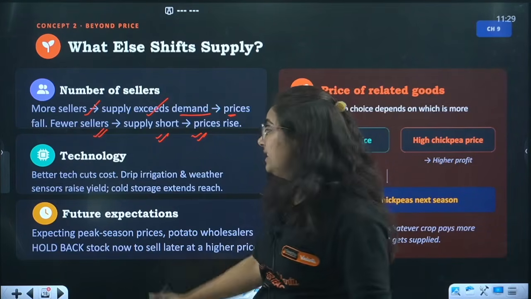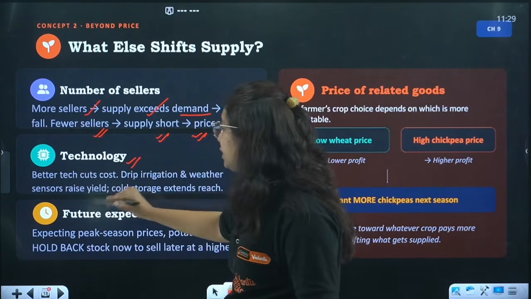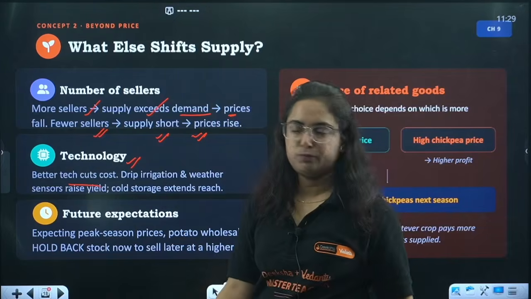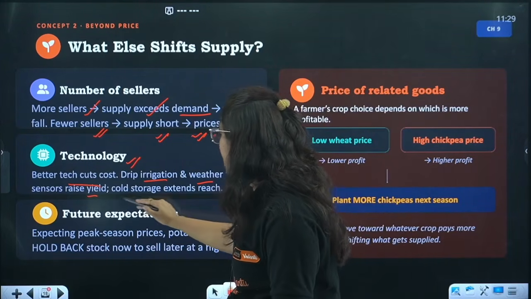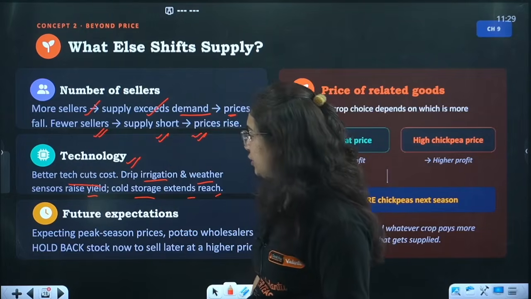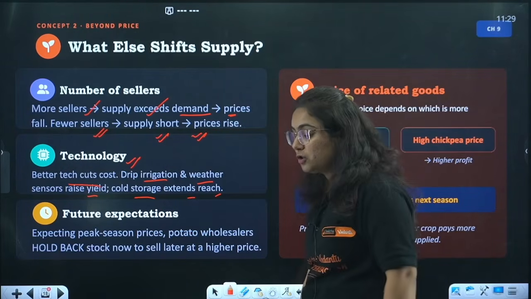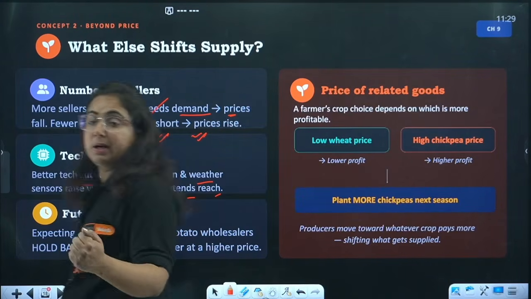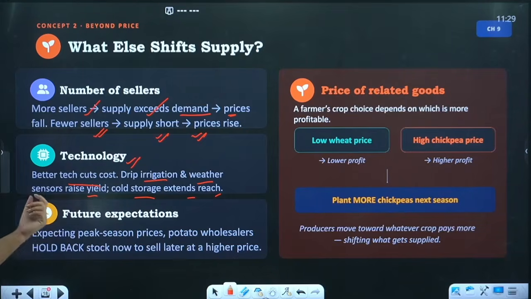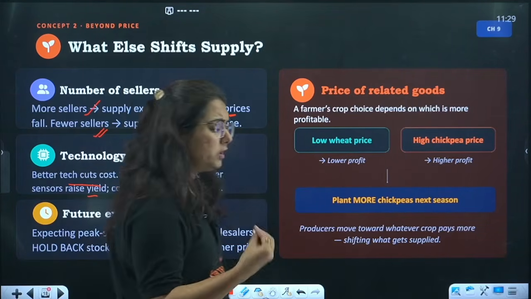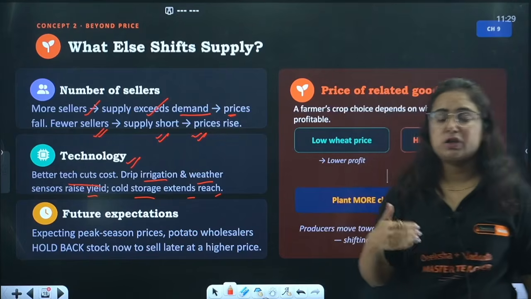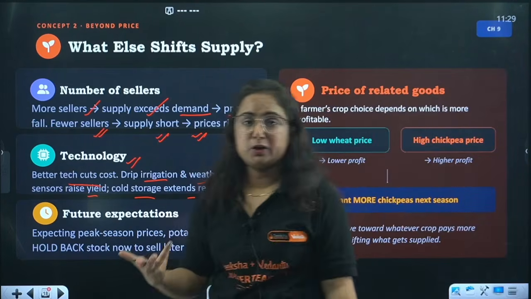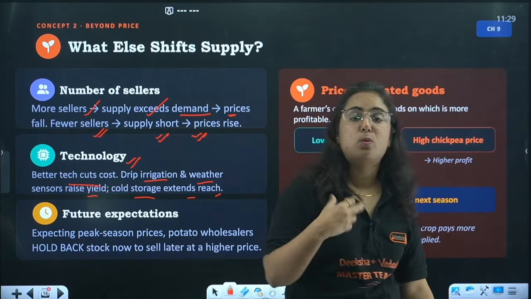Okay? The next is better technology. Now better tech cuts cost. Drip irrigation and weather sensors raise yield, cold storage extends reach. What happens, beta? In farming, which we are talking about particularly, the farmer was totally dependent upon natural irrigation or irrigation through tube wells, but in that he was using more water.